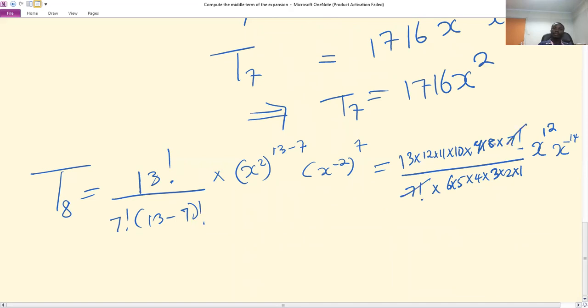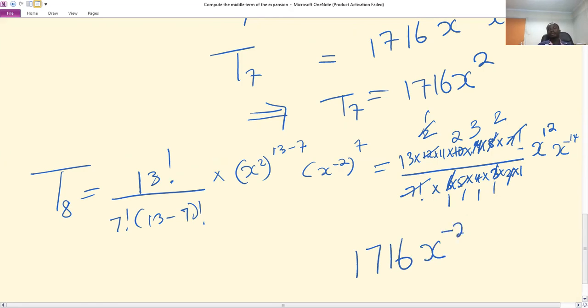So this and this cancel out, and simplifying again, 13 by 11 by 2 by 3 by 2, this is 1716 x raised to power minus 2.